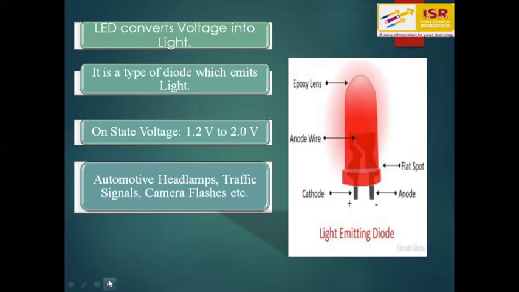That means if you supply voltage more than 2.0 volts to your LED, then your LED will burn out or will explode. We can use LEDs at various places like automotive headlamps, or you can use your LEDs in traffic signals also, and camera flashes also use LEDs.